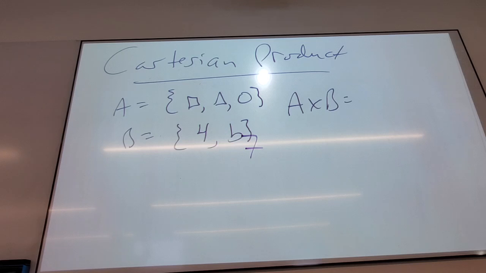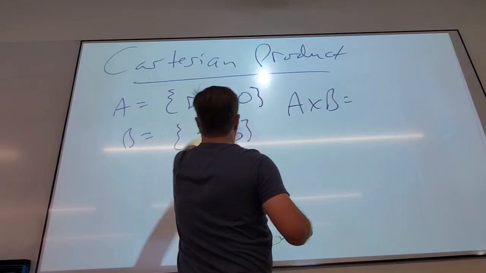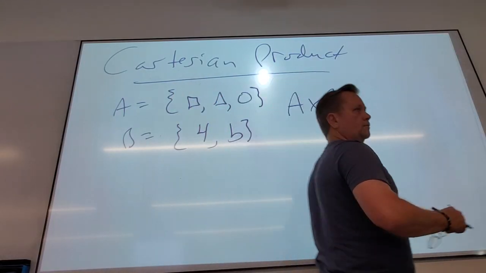All the Cartesian product is, is make every pair you can using one element from the first set, comma, one element from the second set.